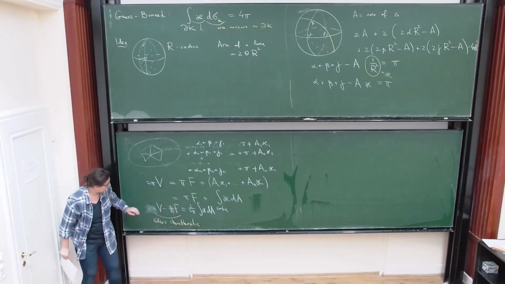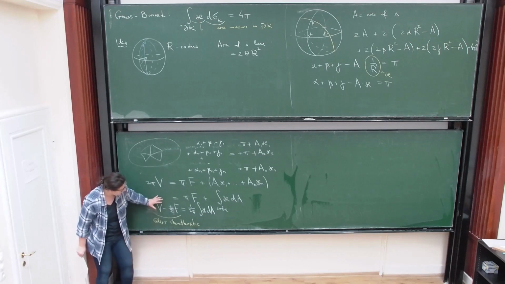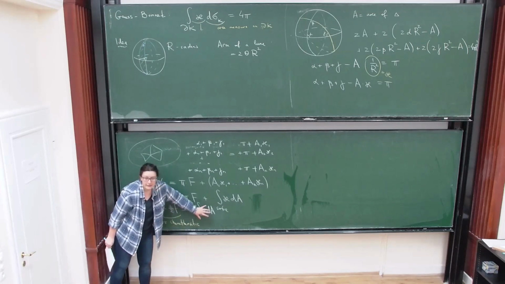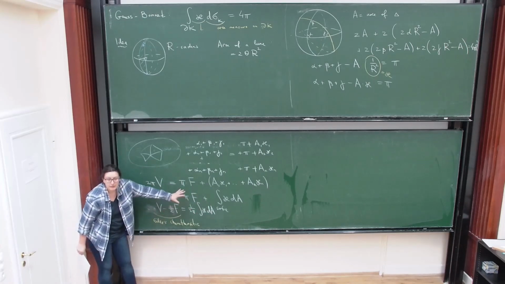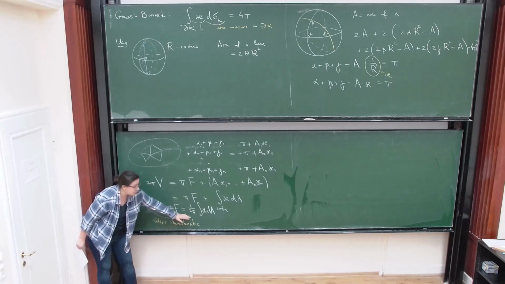Now, the beautiful thing about this formula is that the right-hand side really doesn't depend on the combinatorics of this surface at all, while the left-hand side really doesn't depend on the curvature or geometry in some sense. So it's really two notions that are related by this beautiful Gauss-Bonnet theorem.